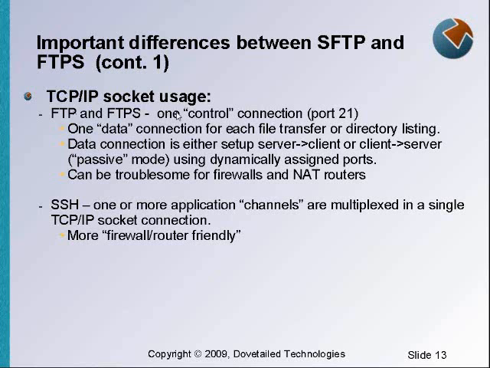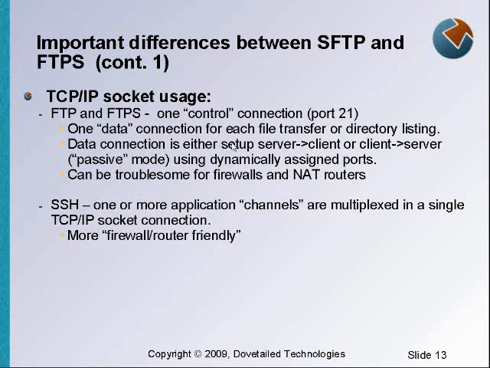That's for FTP. FTPS typically uses a different port. But there's this one control connection, and the commands go back and forth through there. But when you do a command that involves a transfer or a listing or something like that, it dynamically opens another socket on another port, a dynamically allocated port.